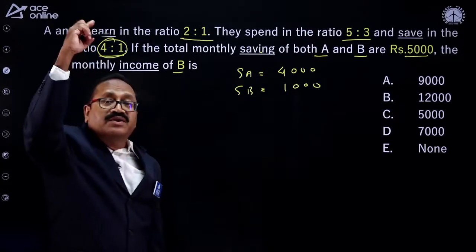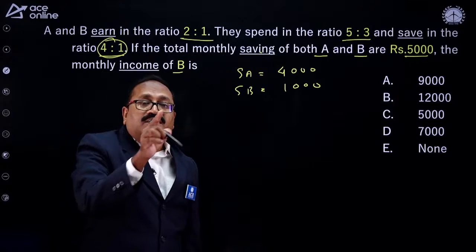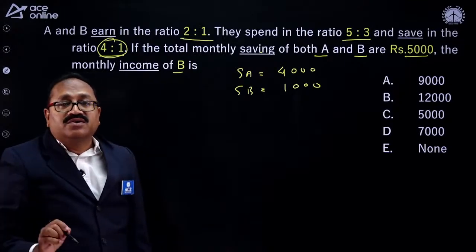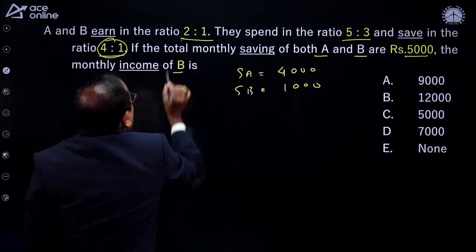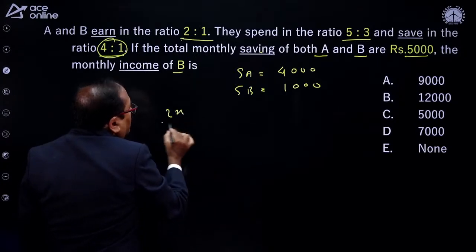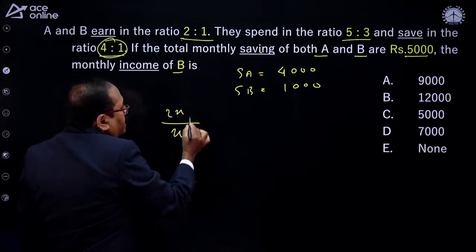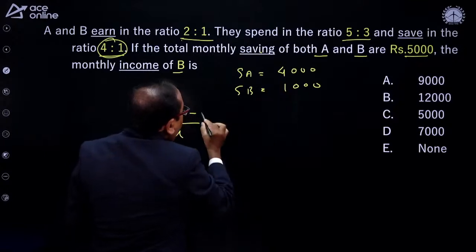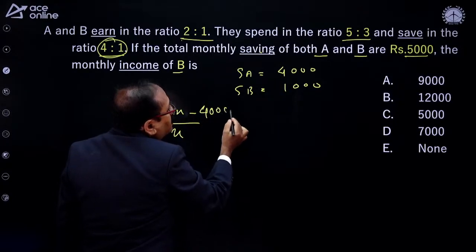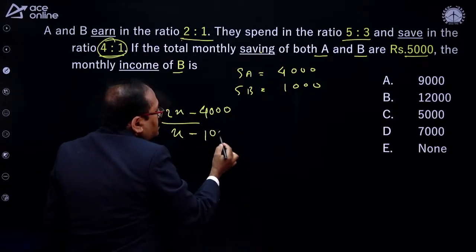And we reach the very first question, where income minus saving is equal to expenditure. I will consider the incomes as 2x and x, and from here I will take out the savings, which are 4,000 and 1,000.